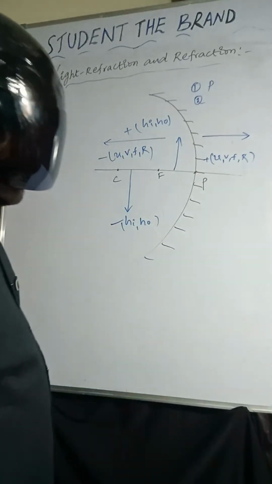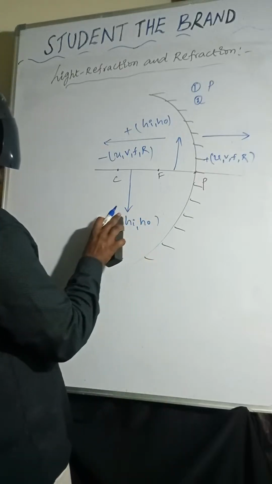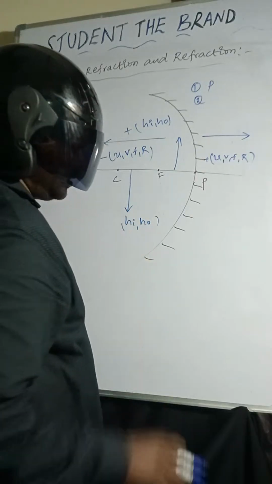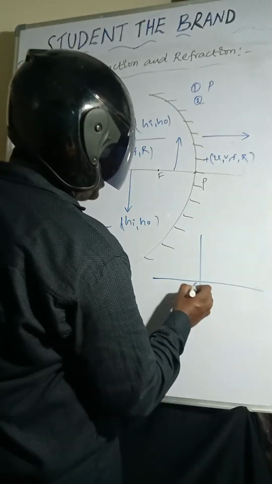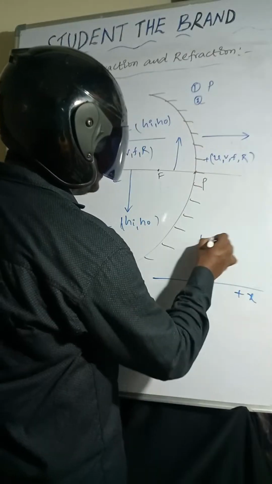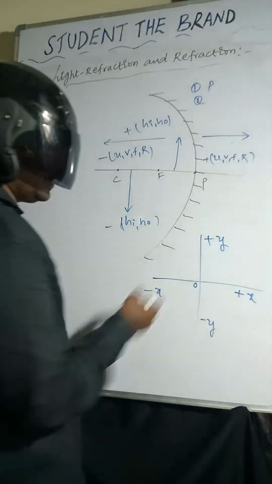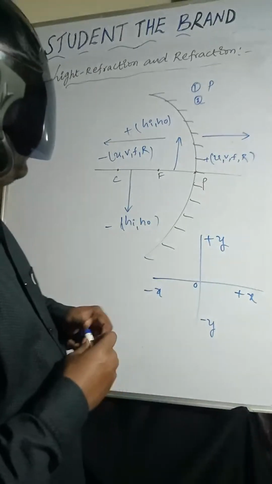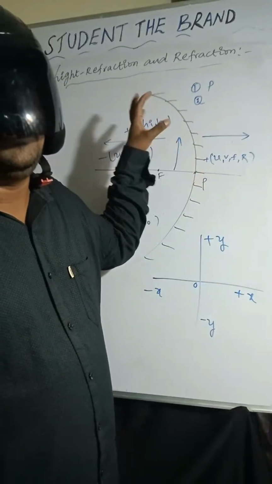How can you say like that? So here I'm taking this origin, positive x-axis, positive y-axis, negative x-axis and negative y-axis. It is the same as a coordinate axis. All measurements will be taken from the pole.